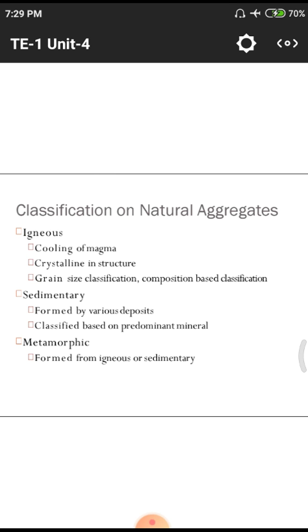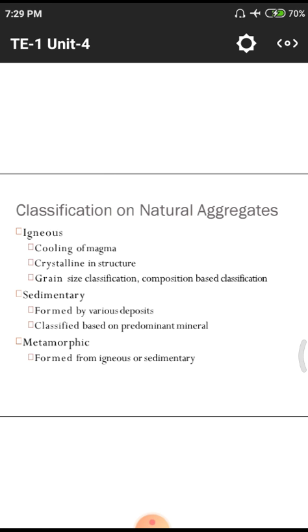Next one, grain size classification and composition based classification. First of all, previously we divided the soils into categories according to the grain size distribution. Those are coarse grained soils, medium grained soils, and fine grained soils. After that, silty and clayey soils.